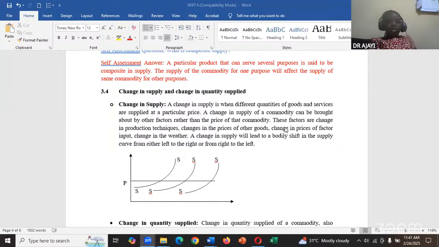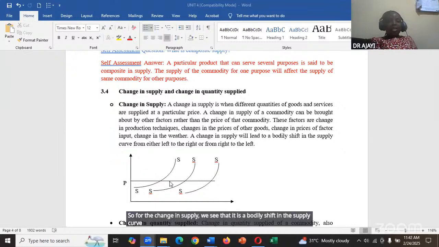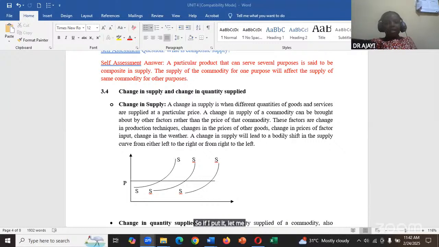Let's continue. So for the change in supply, we see that it is a bodily shift in the supply curve. But unlike that of demand, what you should take note of is the fact that for supply, we have a curve that slopes upward.